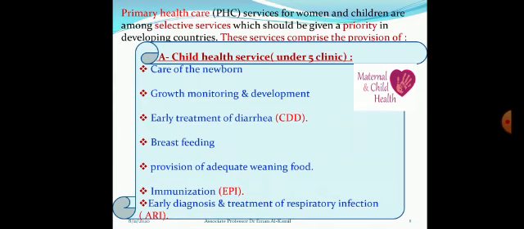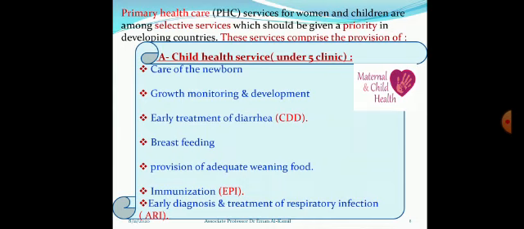But the child should be given what is called complementary feeding, by giving food after the age of 4 or 6 months, in order to provide good nutrients for the baby. Also, immunization, which we have already discussed, the EPI, the expanded program for immunization. They provide the child with different types of immunization according to the immunization schedule, which we have already discussed.